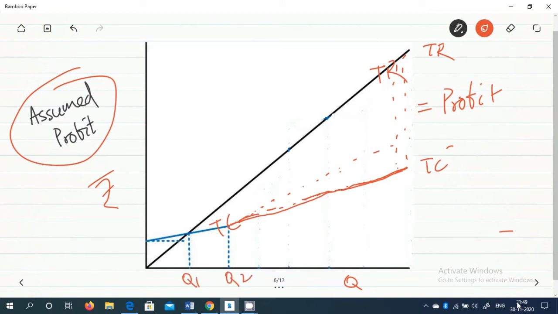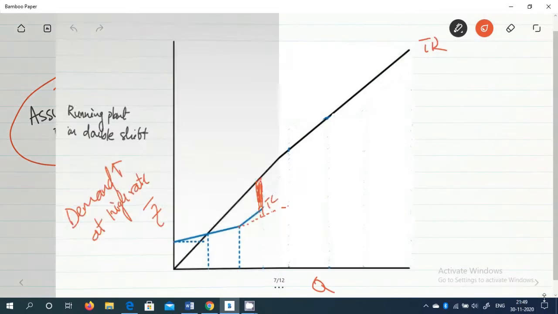At Q2 I am recovering more revenue from the market, so I get this much profit at the Q2 point. Suppose at Q10, total revenue minus total cost is this much, which would be my profit. So this is the assumed profit, and now we'll see what happens in reality.